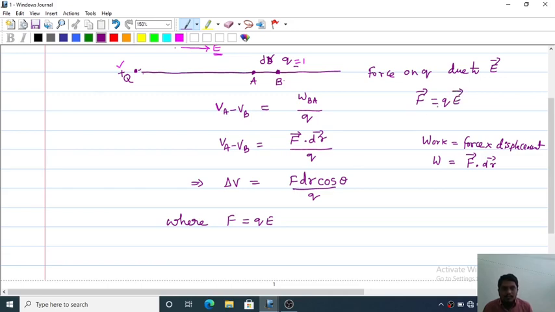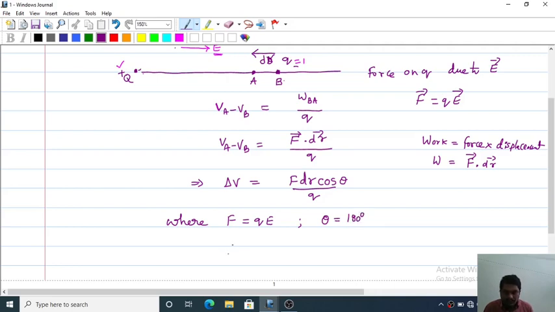The force is directed in the direction of the electric field, so the magnitude of force is F equals Q into E. And what about theta here? Theta is the angle between the force and displacement. We are displacing the charge along the negative x direction, but the electric field is along the positive x direction. The angle between the force and displacement is 180 degrees.